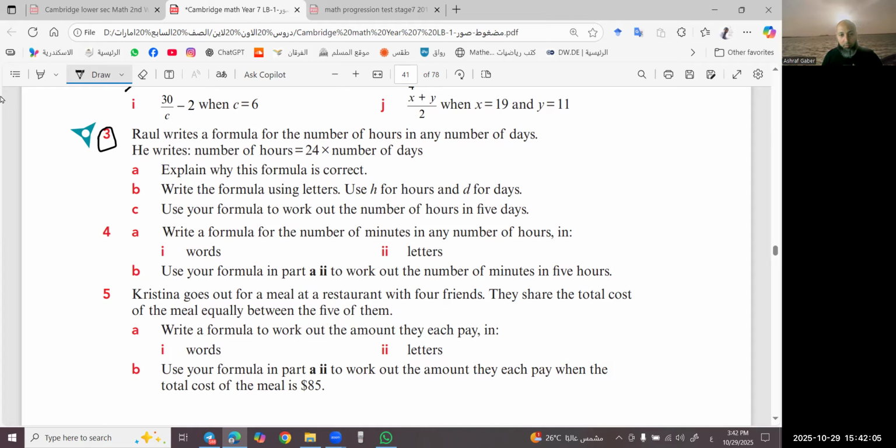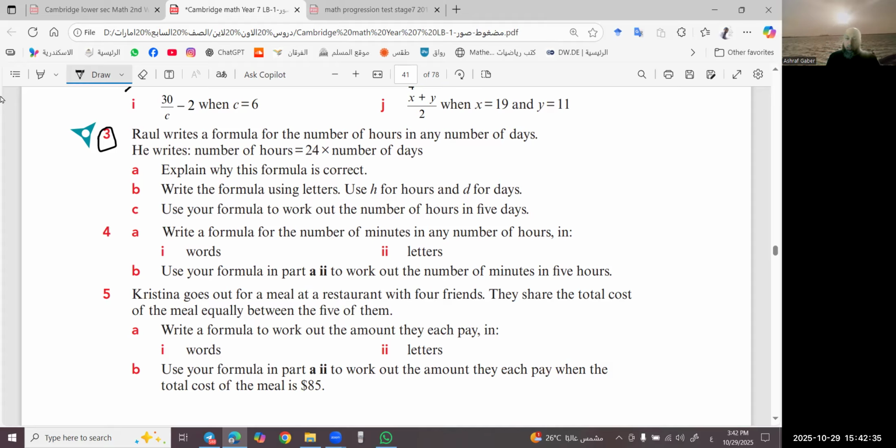Okay, right. H equals 24 times D. Right.